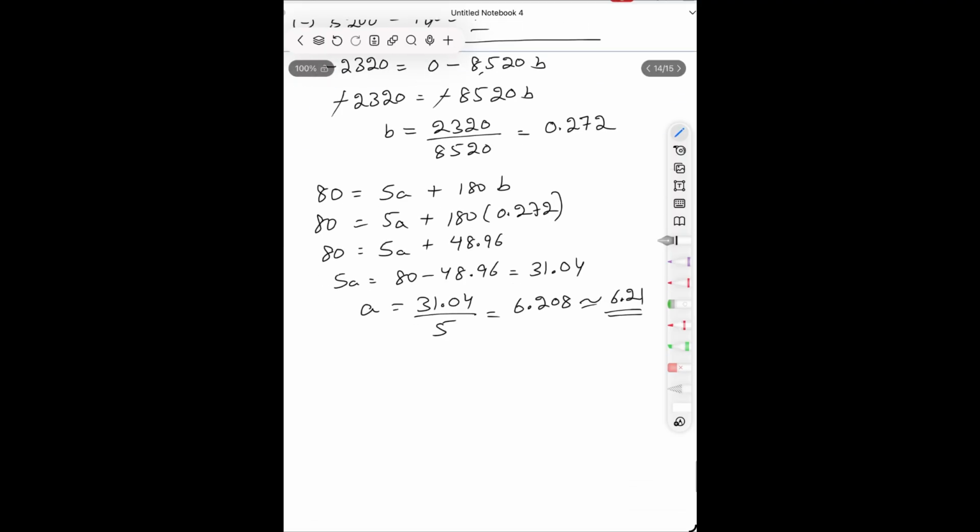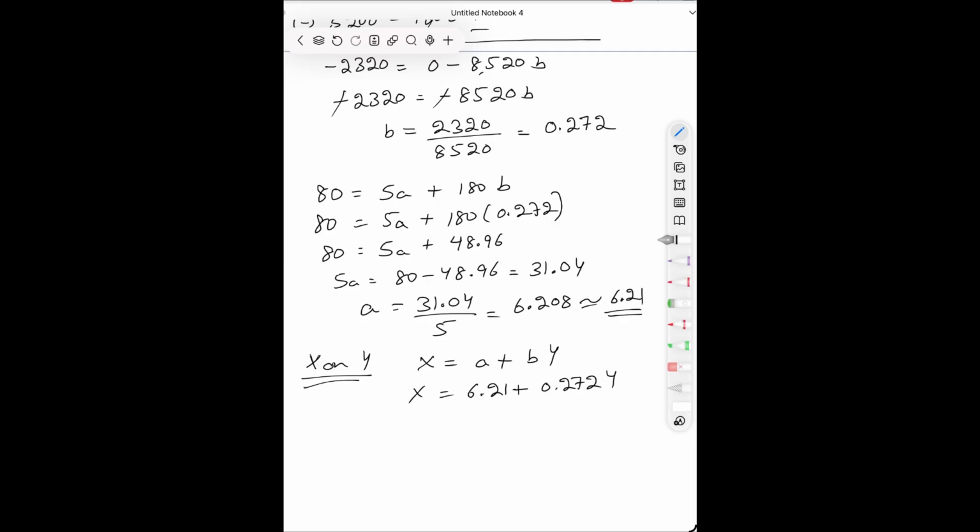So my regression equation of x on y will be x is equal to a plus by, which is x is equal to 6.21 plus 0.272y.